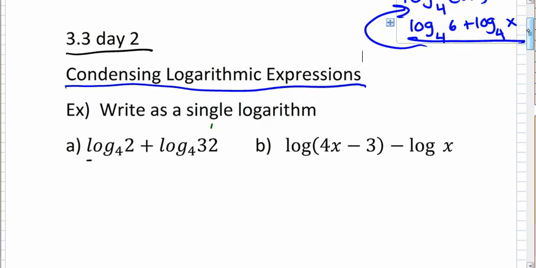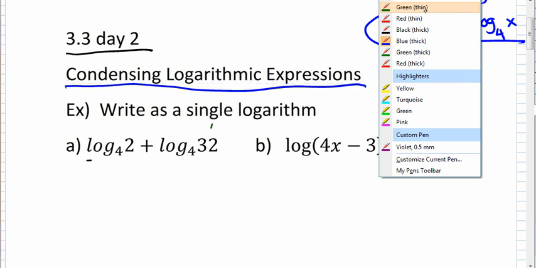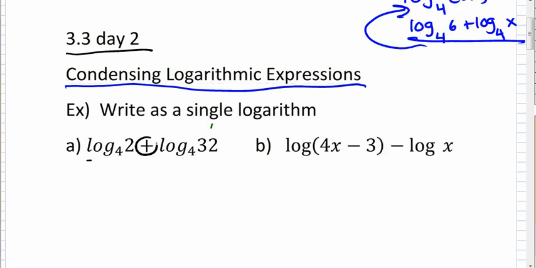So the first thing, if you want to write a logarithmic expression as a single logarithm, is to look at what is the operation between the two logarithms.